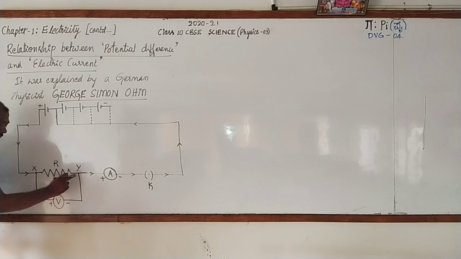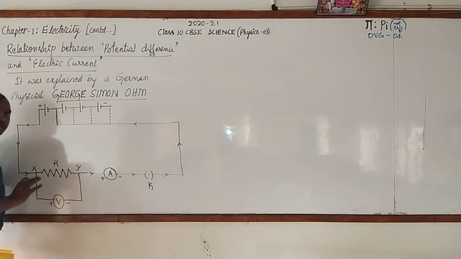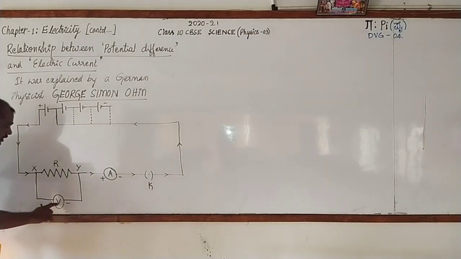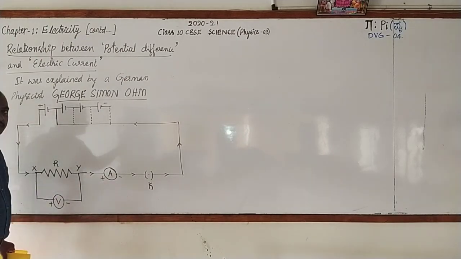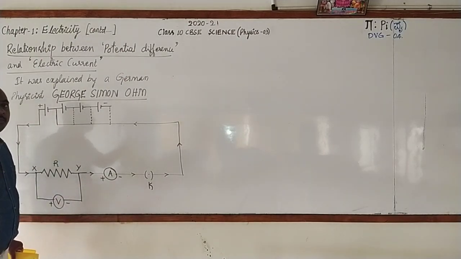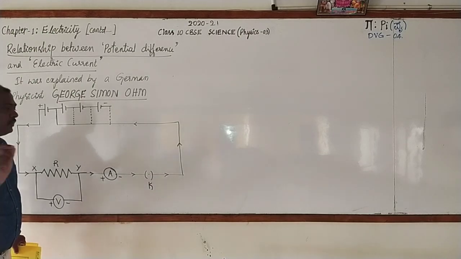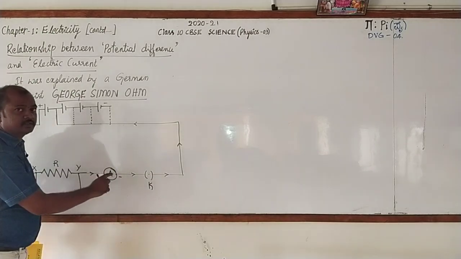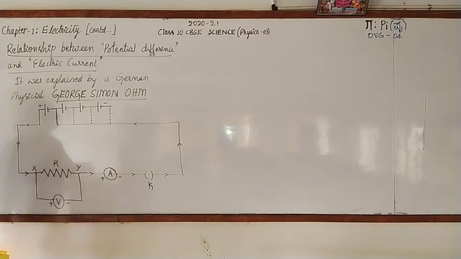In the beginning I told you that a voltmeter is always connected in parallel in the circuit. Now let me give you the reason. The very first reason is that a voltmeter has high electric resistance. When it is connected in series, it alters the flow of current in the circuit.